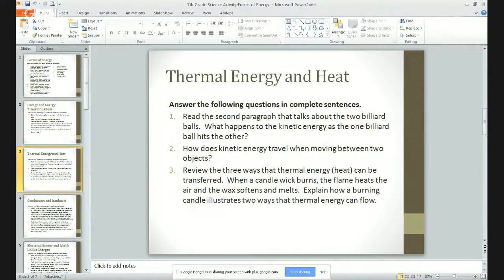And so you would be transferring your thermal energy through radiation, because you don't actually touch the flame, you're going to get warm by the heat that the flame is giving off. So the flame, the light energy, gets converted into that thermal energy, and then you are going to get warm off of that thermal energy through radiation by not directly touching the flame, because touching the flame would be bad.